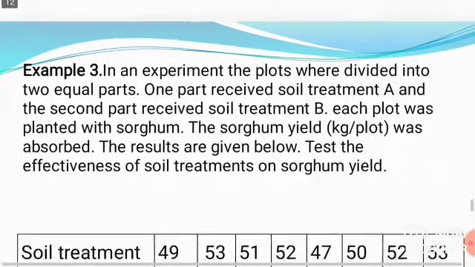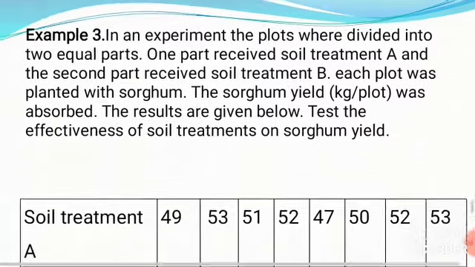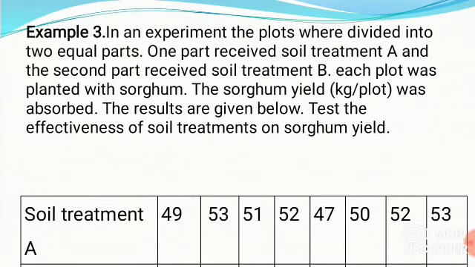Now let us see an example. In an experiment, the plots were divided into two equal parts. One part received soil treatment A and the second part received soil treatment B. Each plot was planted with sorghum. The sorghum yield in kg per plot was observed. The results are given below.